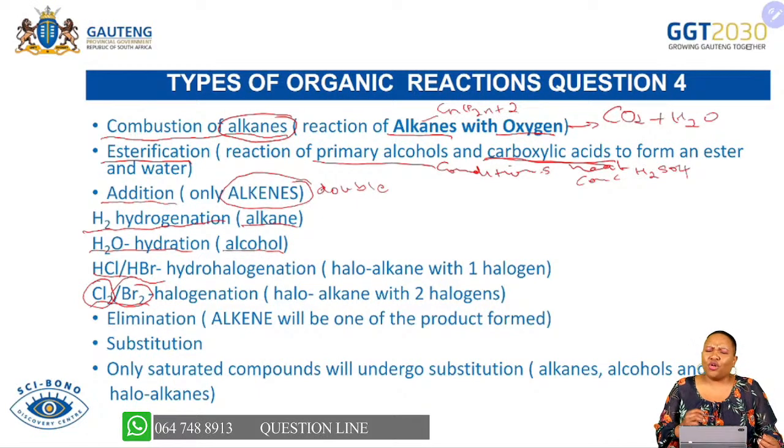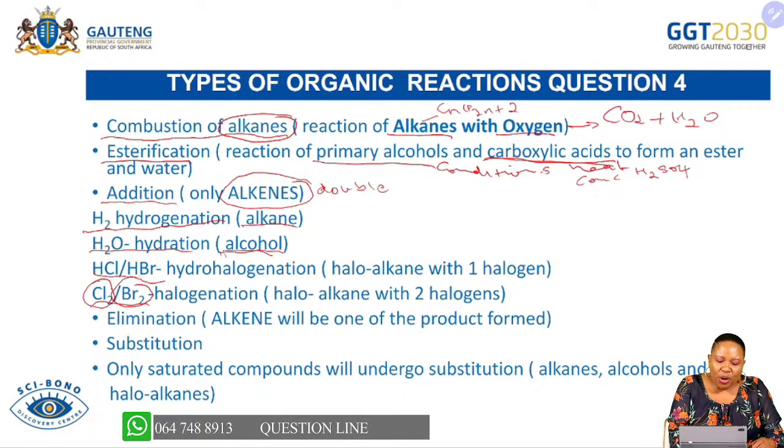So for you to find an alcohol from an alkene, you need to add water, because water is needed for hydration. So an alkene will undergo an addition reaction and provide you with an alcohol.